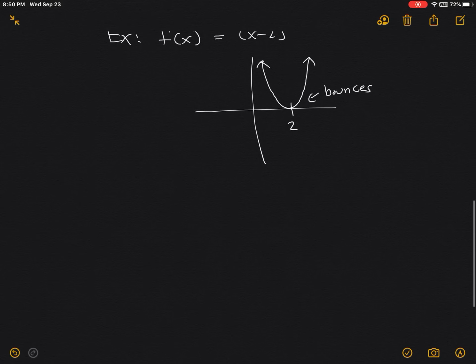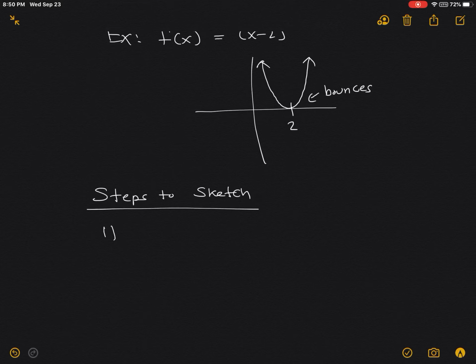All right, so in summary, how would you graph? Well, you're going to connect everything you've learned in the beginning of section 2.2. You're going to use the LC test, okay, leading coefficient test, to determine your end behavior.